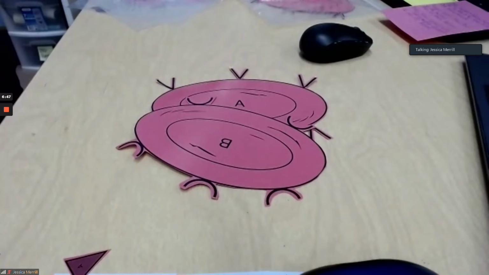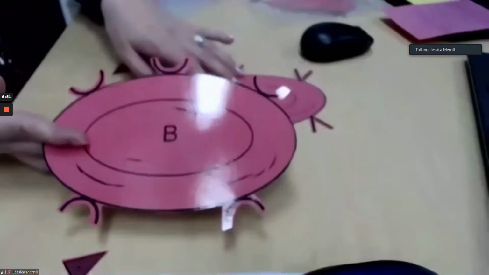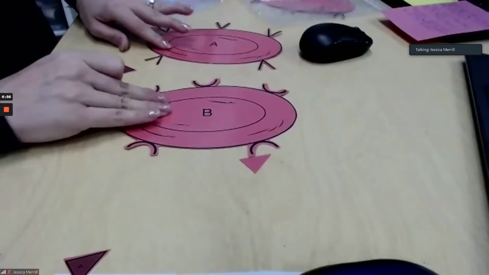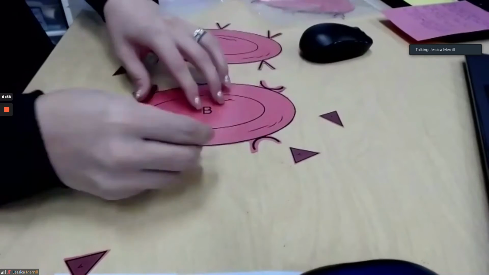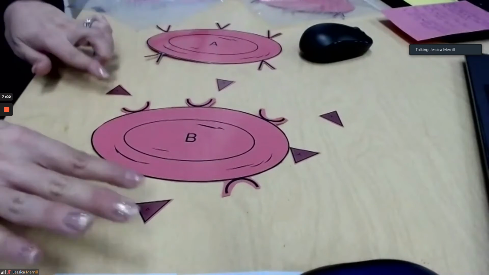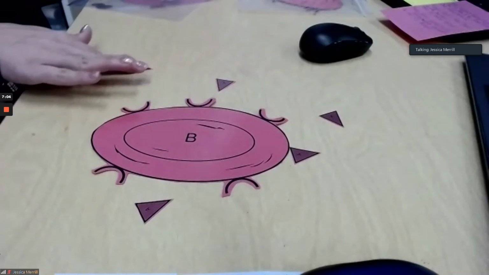All right, so in our type B blood, we have our B red blood cell. What's going on in our type B blood is we have our type B red blood cell, and our A antibodies are just floating along in the plasma.